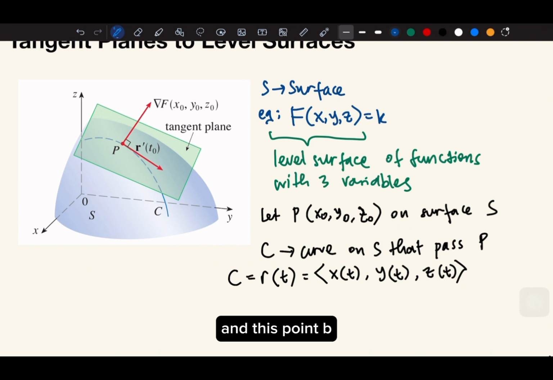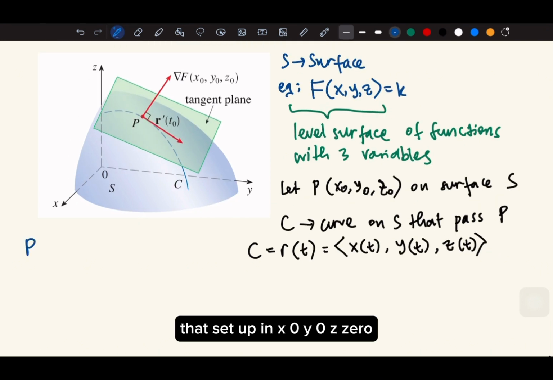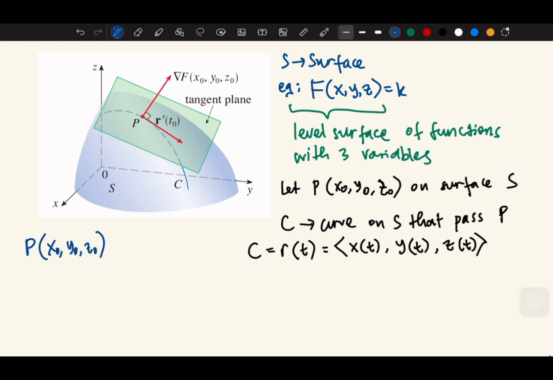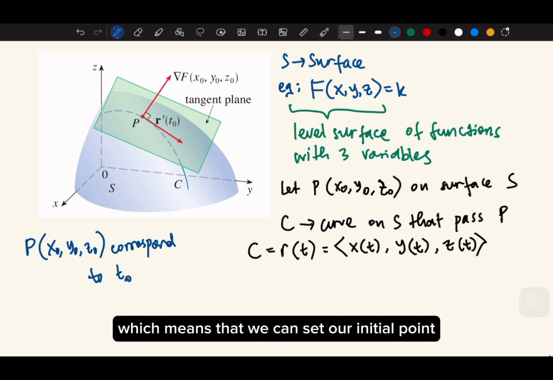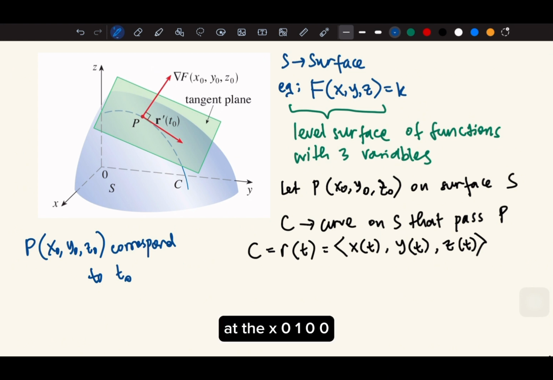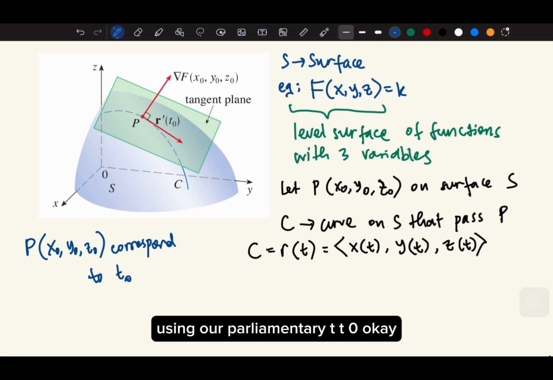And this point P, x0, y0, z0, corresponds to t0, which means we can set our initial point at x0, y0, z0 using our parameter t0.